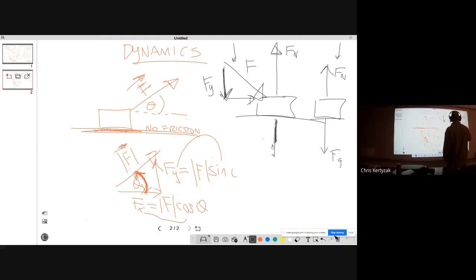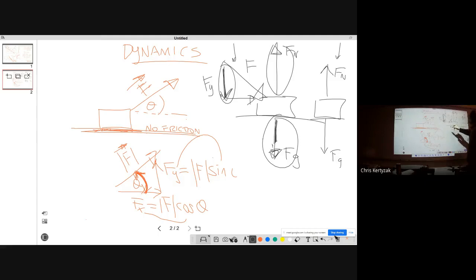And that means that the 2 downward forces, this one plus this one, have to equal this one up. I didn't draw it perfectly, but this in length plus this in length would have to equal this in length, right? The bottom line, pushing down on something in any way, shape, or form increases the normal force.